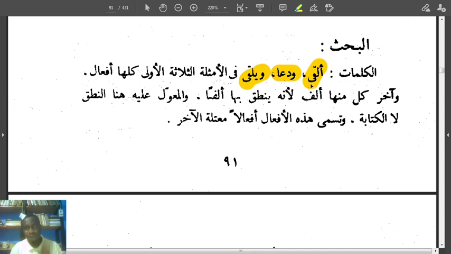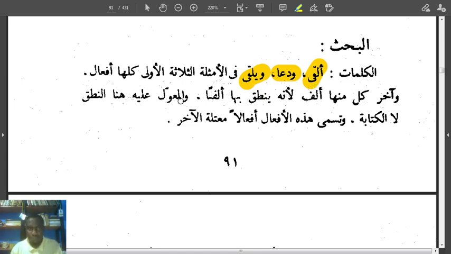That is a way of writing alif. And writing it like a stick like this is also another way. So it says all these three verbs, its endings are alif. لأنه ينطق بها ألفا, because it is pronounced as alif. ألقى, دعا, يلقى. Because it looks like yai, we don't pronounce it like yai.